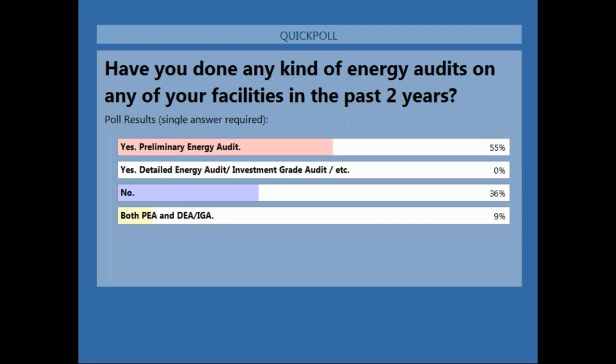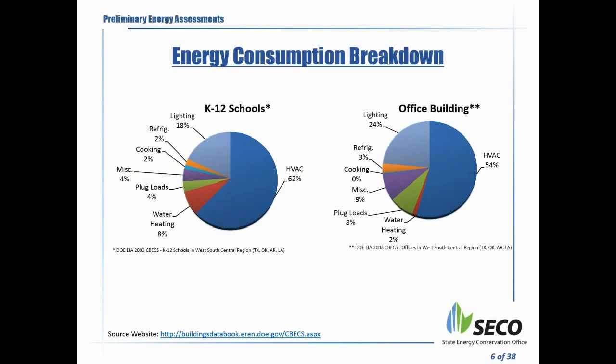So 36% no energy audit, 9% have conducted PEA and DEA, and 55% have said they have done some sort of energy audit in the last 2 years. Very good. That gives me an idea as to what to stress here.